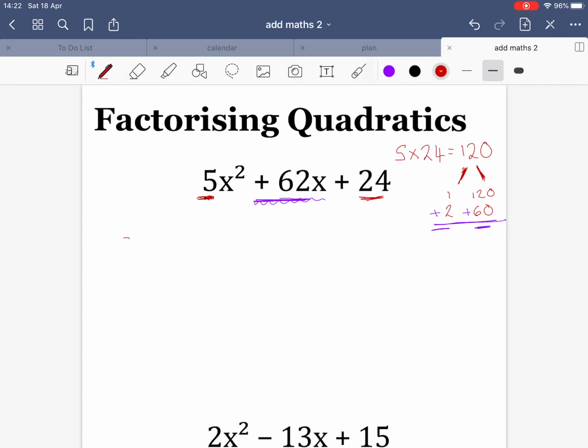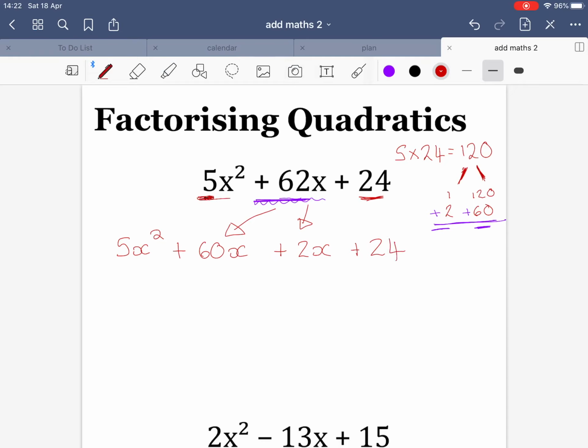So I'm going to rewrite my equation. My 5x squared stays the same, but instead of 62x, I'm going to split that into positive 60x and positive 2x, because this is just backwards expanding brackets.